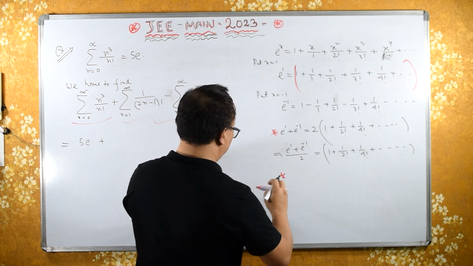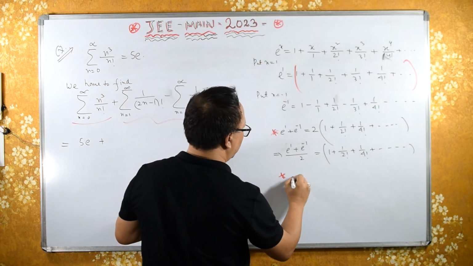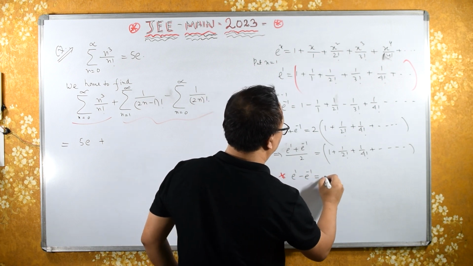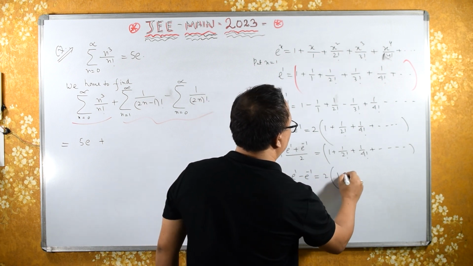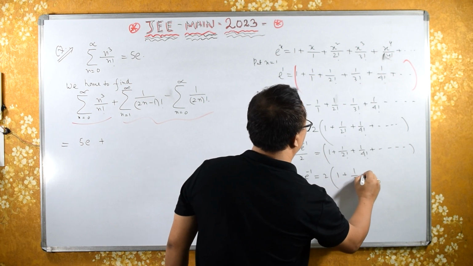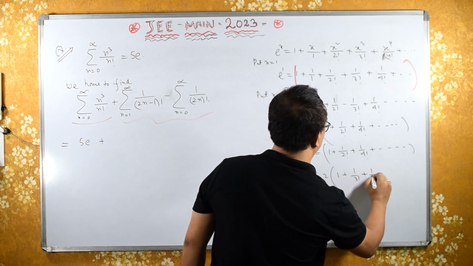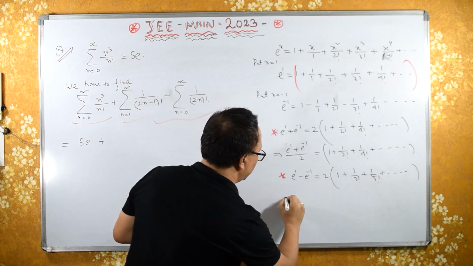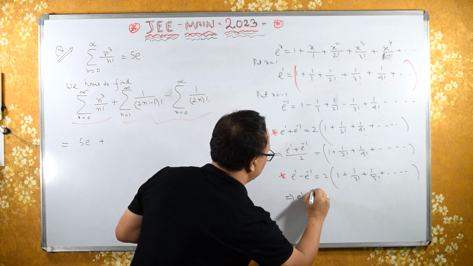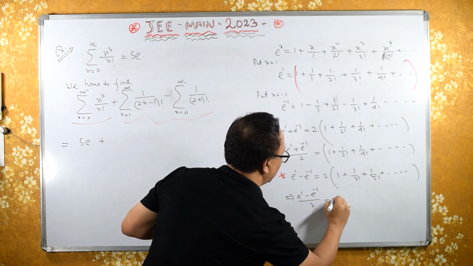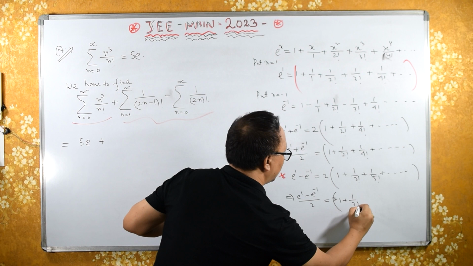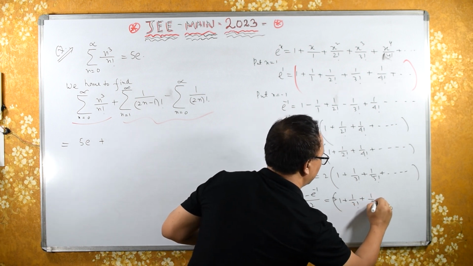Now if I subtract these two, e raised to 1 minus e raised to minus 1 upon 2 equals 1 plus 1 by 3 factorial plus 1 by 5 factorial and so on.